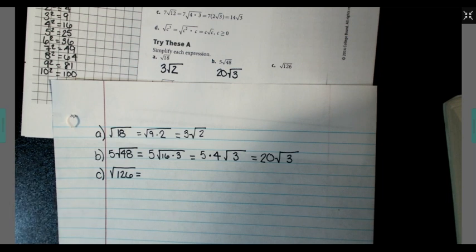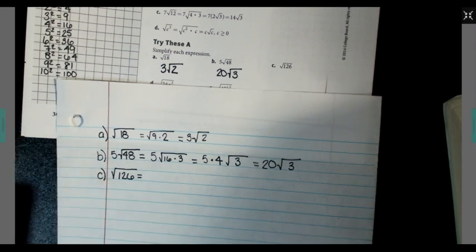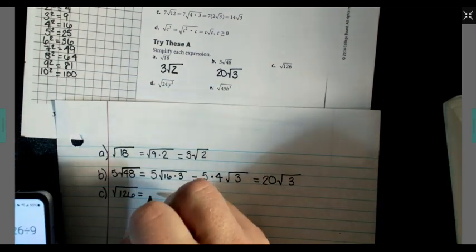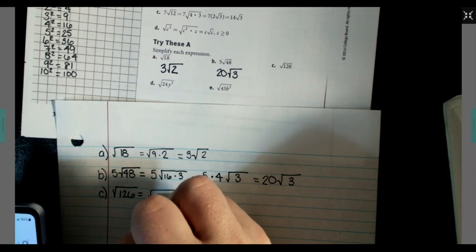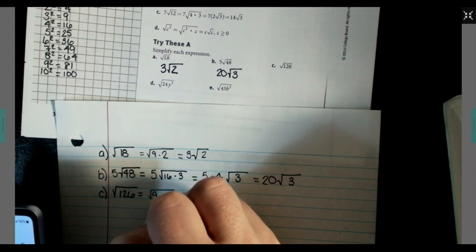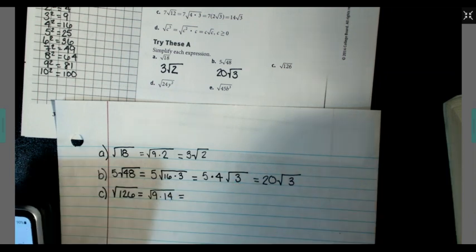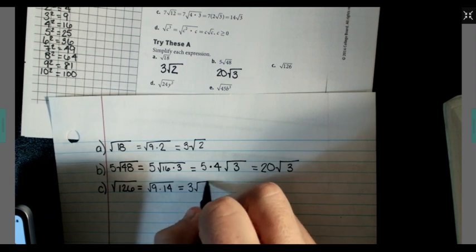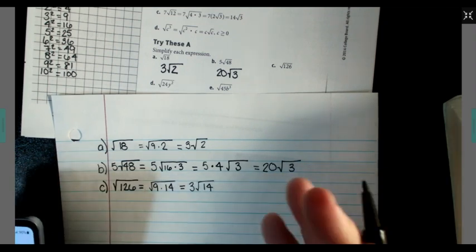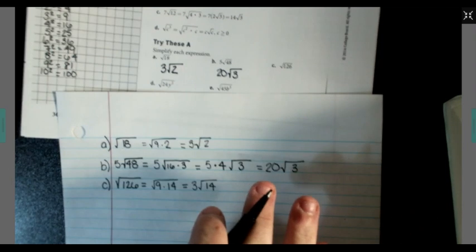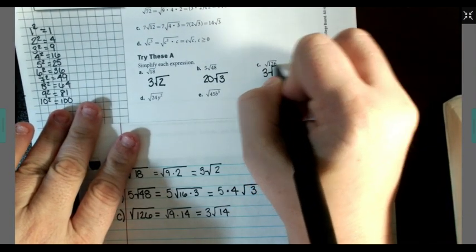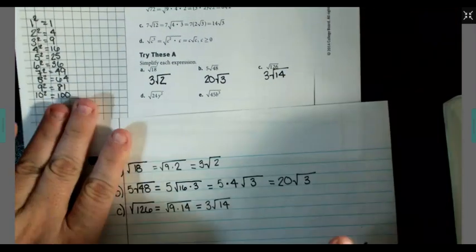Don't think that's going to be a whole number. 126 divided by 9. Well, that works. 126 divided by 9 is 14. So we have 9 and 14. What is the square root of 9? 3. Can 14 be broken down anymore? No, because it's 2 and 7, and neither one of those are a perfect square. So this would be 3 square root 14.